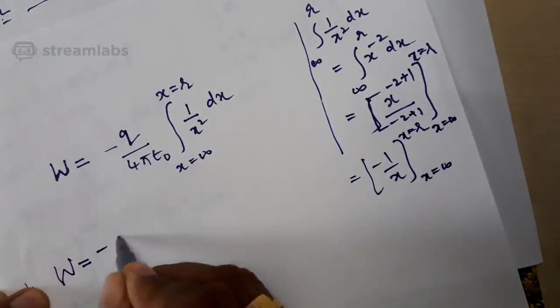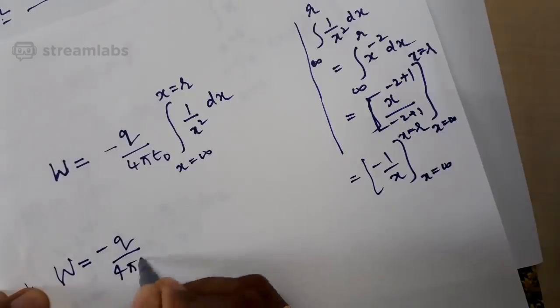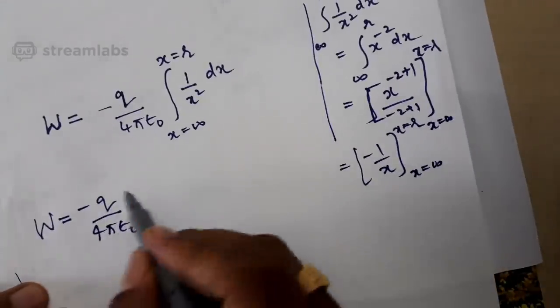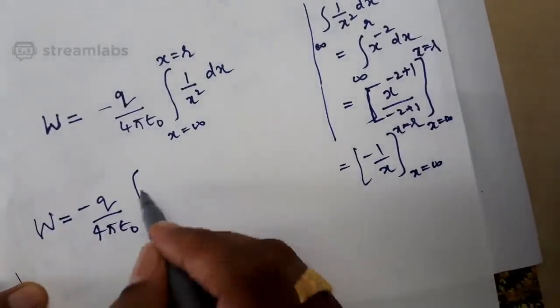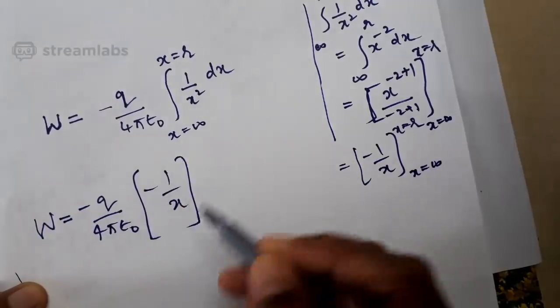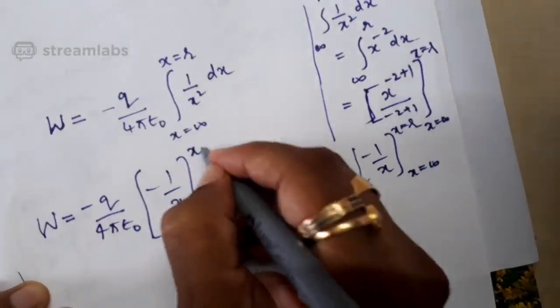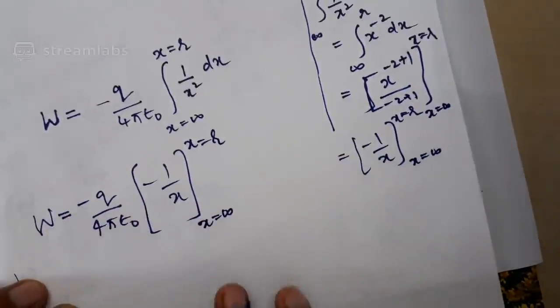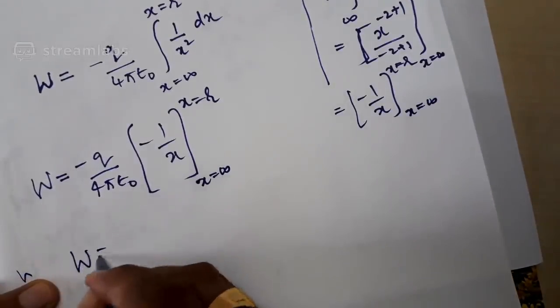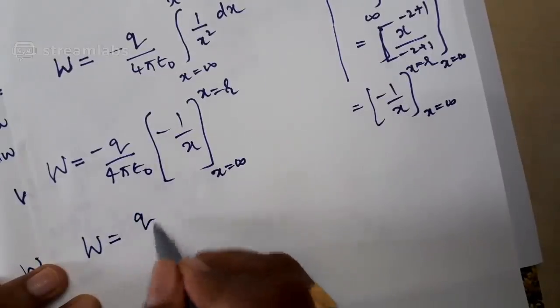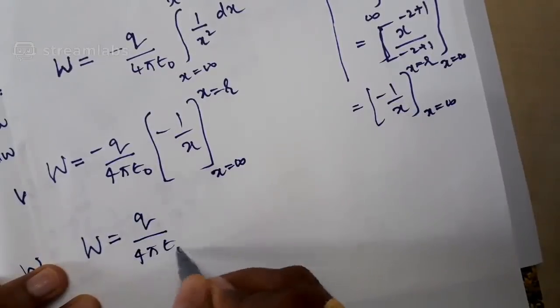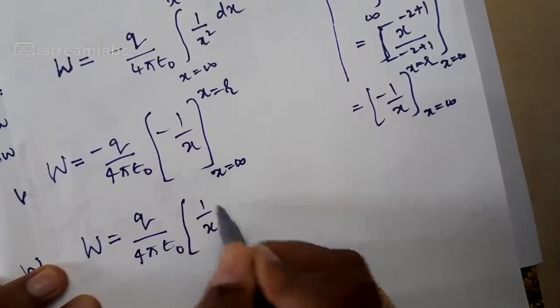Total work done is equal to minus q by 4 pi epsilon naught into minus 1 by x, where x goes from infinity to r. I'll take the minus sign outside the bracket. You will get W is equal to q by 4 pi epsilon naught, minus of minus is plus, 1 by x.